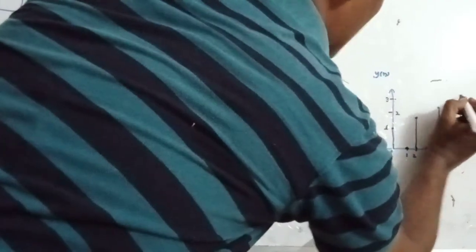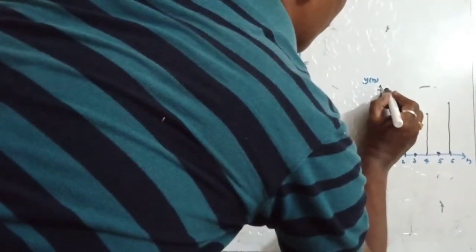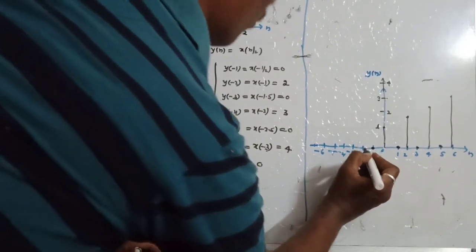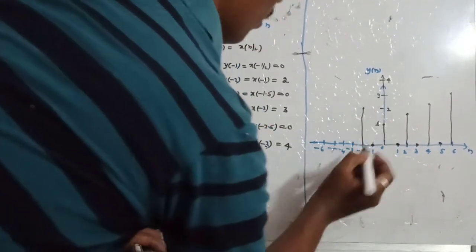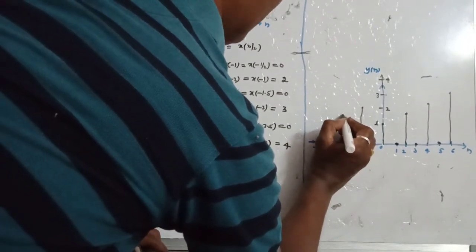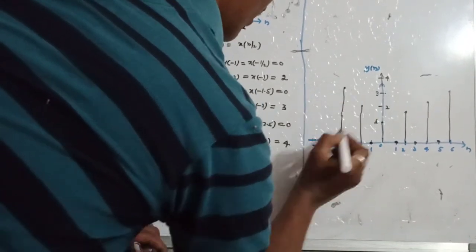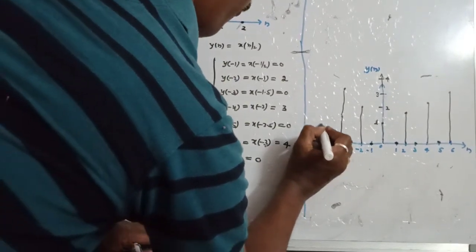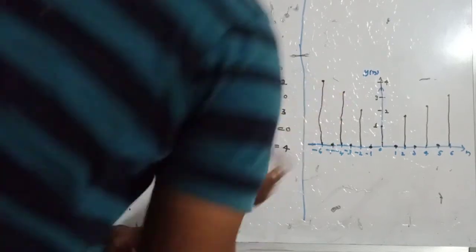Y of 6, the amplitude is 4. And y of 7 onwards 0. Y of -1 0. Y of -2, what is the value? It is 2. Y of -3 0. Y of -4, what is the amplitude? It is 3. Y of -5 0. Y of -6, what is the value? 4. So in this way you can draw.